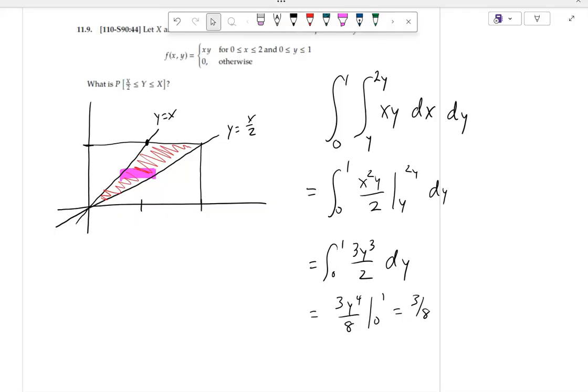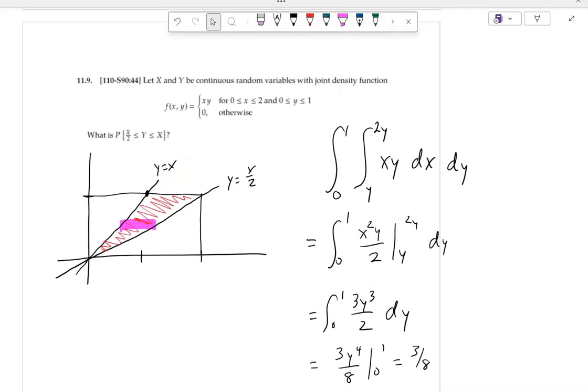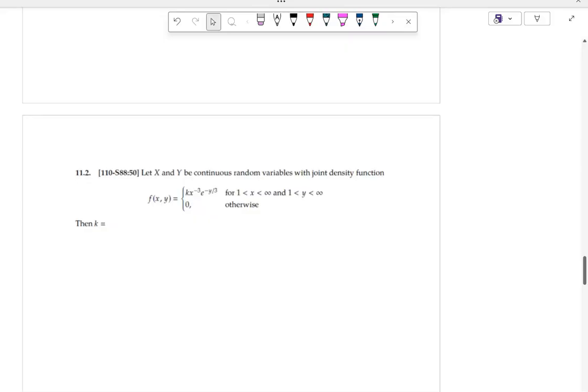But I can't really write it as a product of two things when I've got variables in my limits. If I go to the previous example, if I were trying to figure out this k, say I had that set up this way. Notice in this case, I've got a product of two functions.